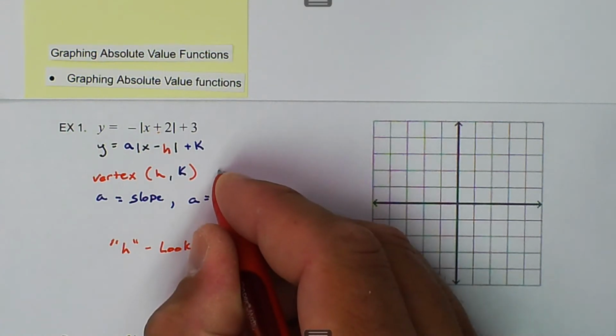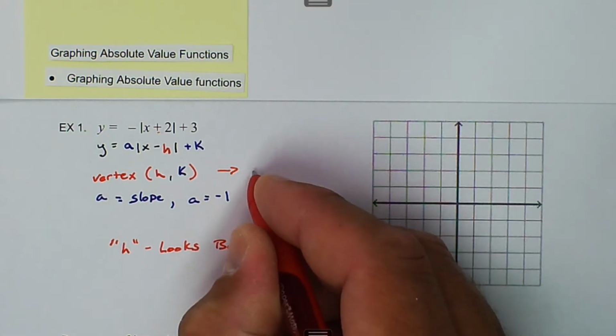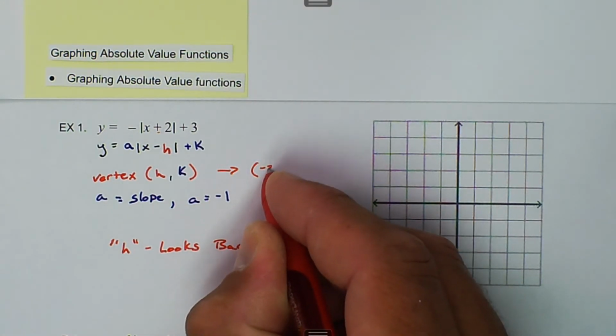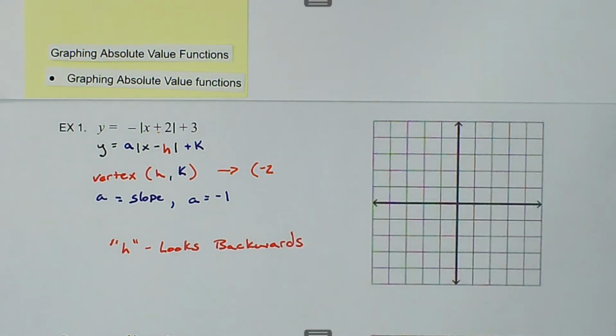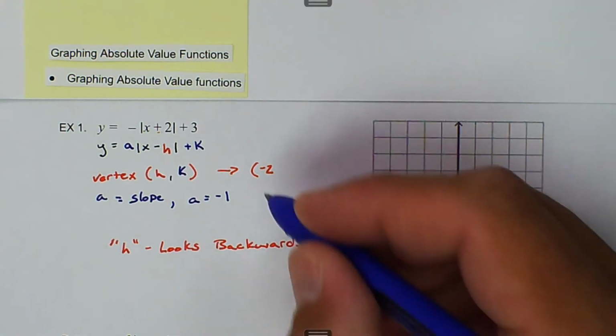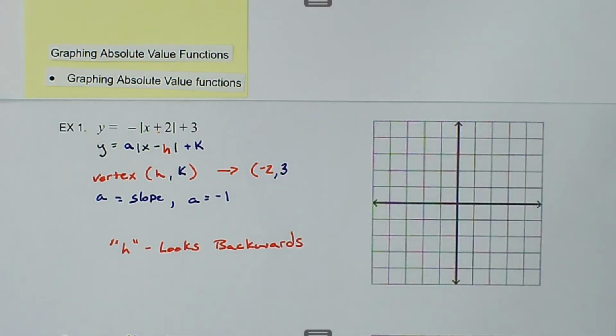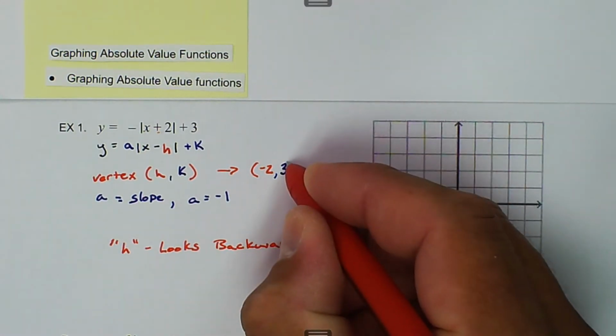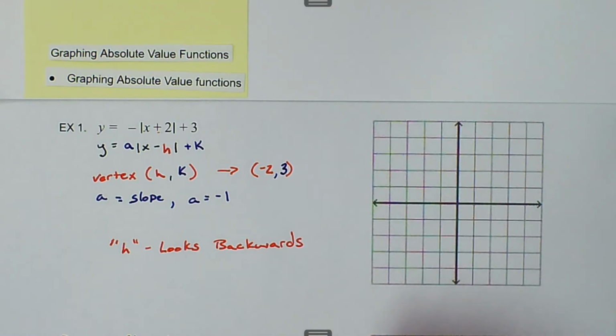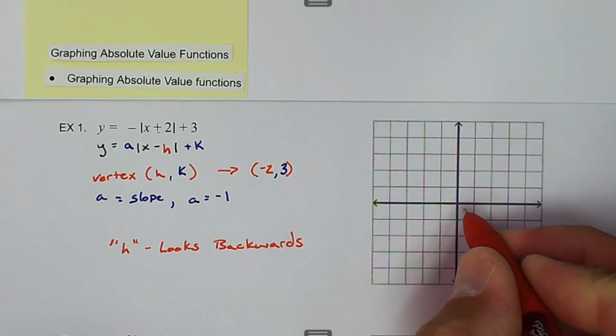So our coordinates are, the h value is -2, and our k is straightforward. So that is just 3. Now we can plot our vertex, and then we can use our slope to graph the rest of the function.